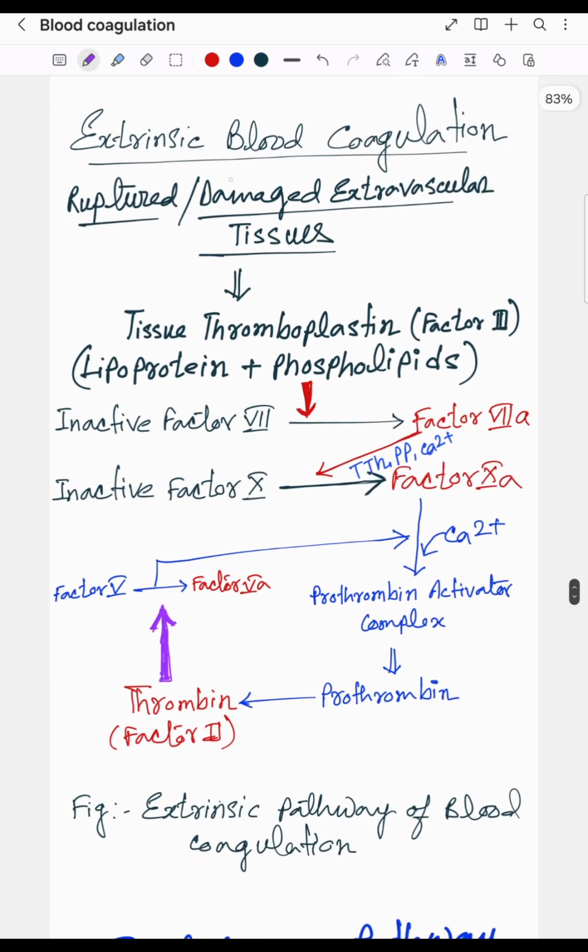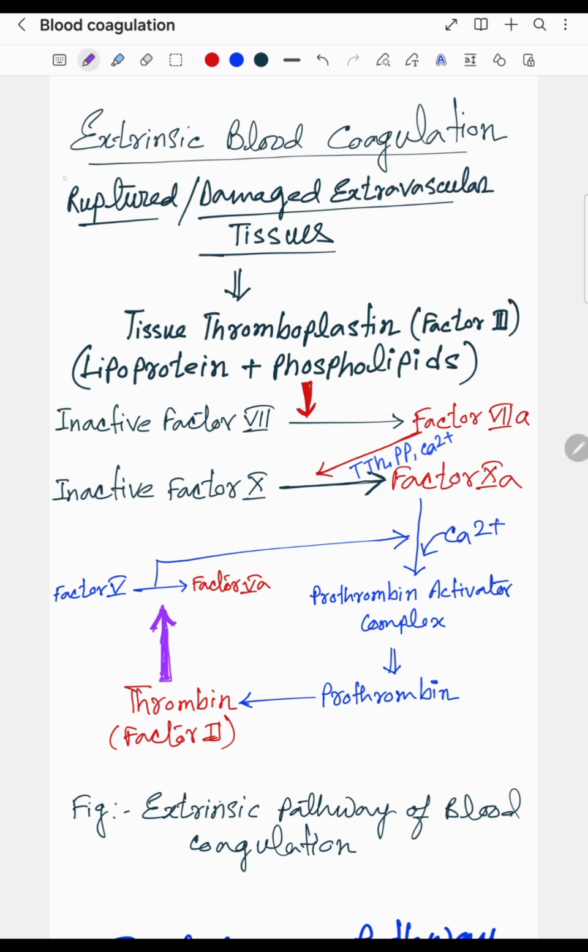Next, the extrinsic blood coagulation pathway. This is called extrinsic as it occurs outside of the blood vessel in presence of any tissue factor. Tissue is different, so it will secrete some factors and that will help in the activation of factor 3 and factor 7.